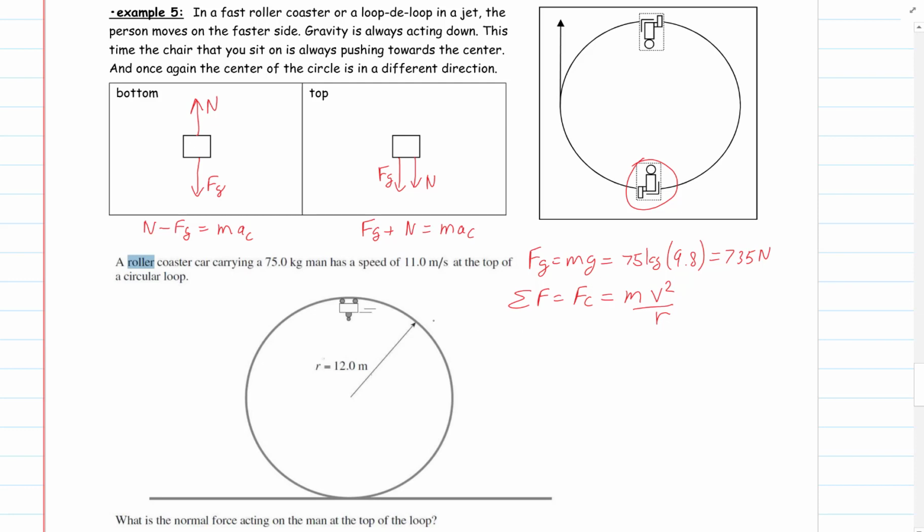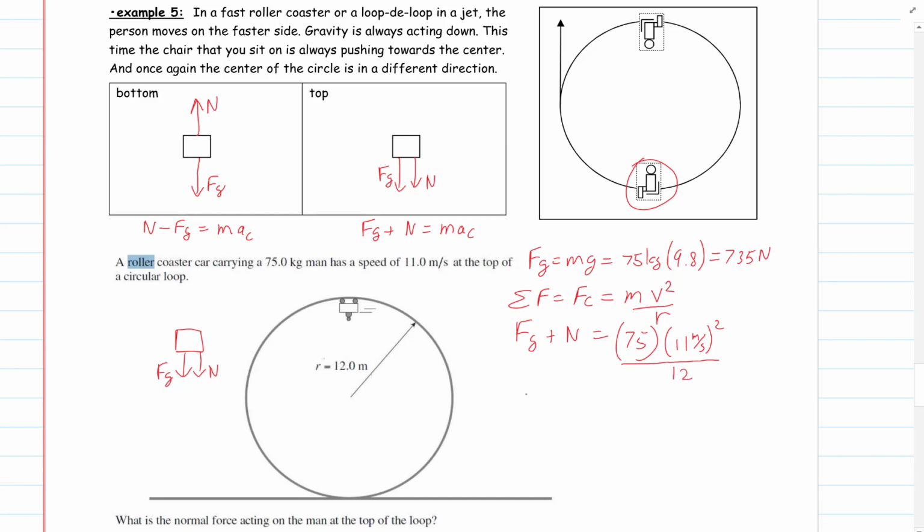And the free body diagram is both the force of gravity and the normal force pushing down. So it's force of gravity plus the normal is equal to m, which is 75, v, which is 11 meters per second squared, over the radius, which is 12 meters.